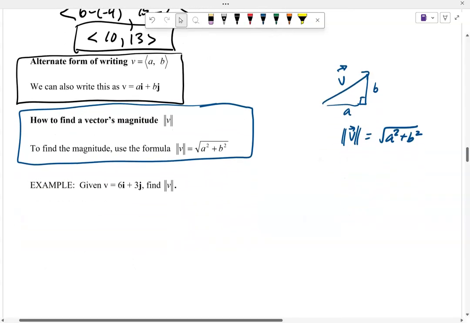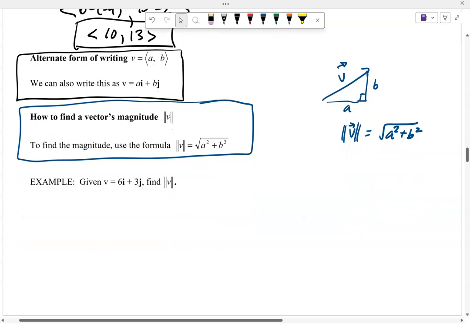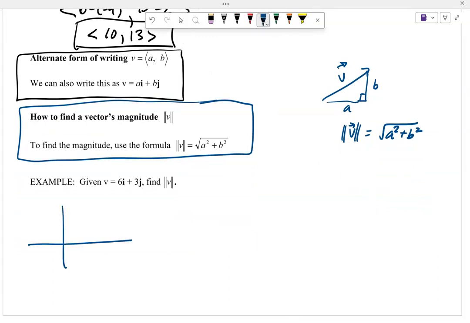So let's say we have 6i plus 3j, vector v. So what's its magnitude? Well, here's my a and here's my b. I went over 6 and I went up 3.